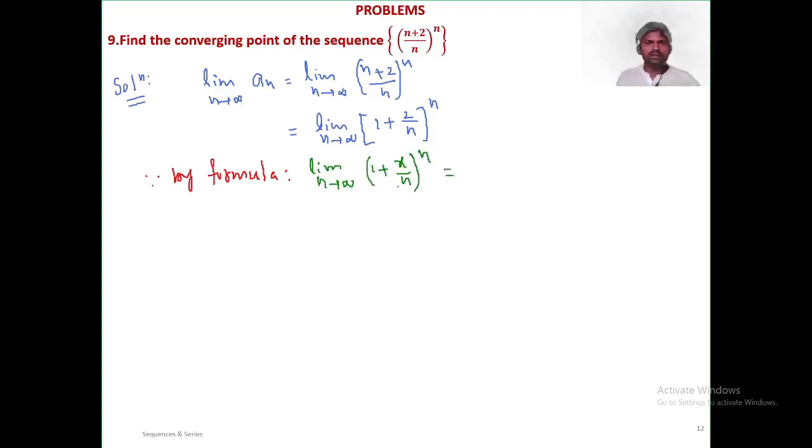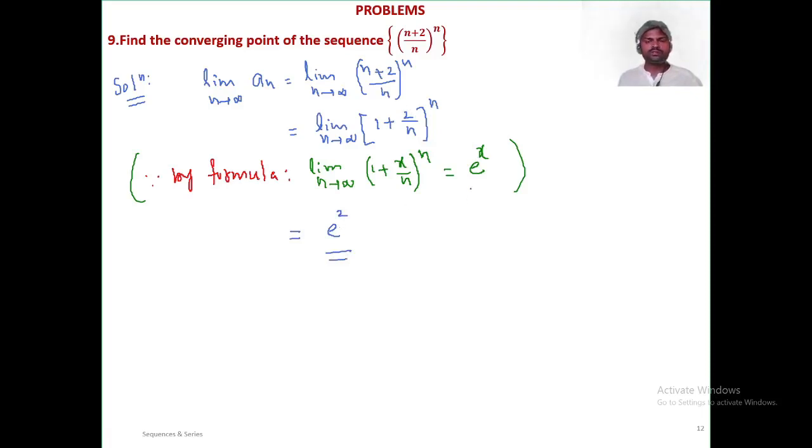Can you guess, anybody? Limit n tends to infinity, only n is a variable here, so x is any number, so this will be e power x. So by using this formula, I can directly write it. So therefore this value is e power 2 only, because instead of x we are having 2, so therefore e power 2.